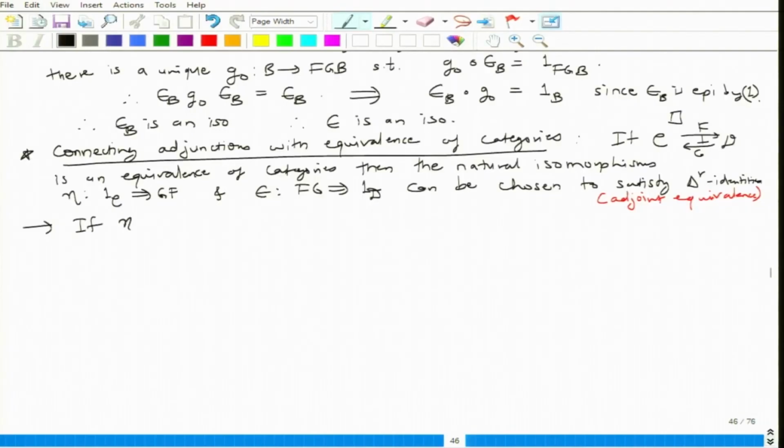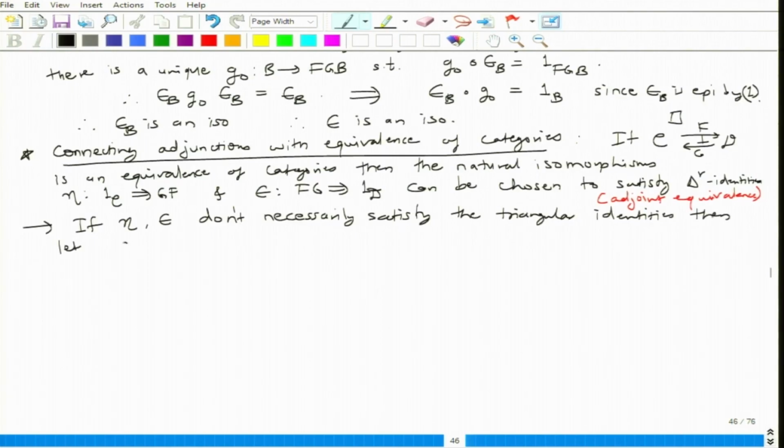So if eta and epsilon don't necessarily satisfy the triangular identities, then let epsilon prime be defined as follows.